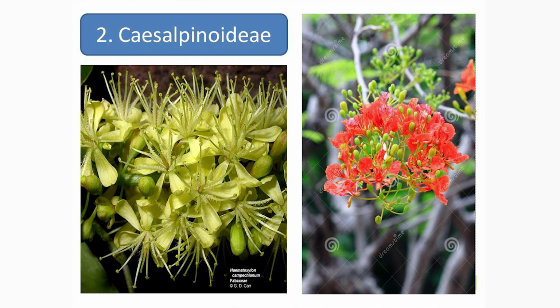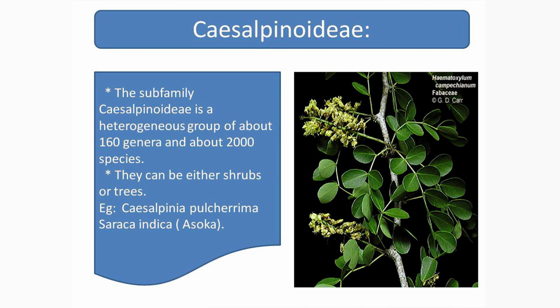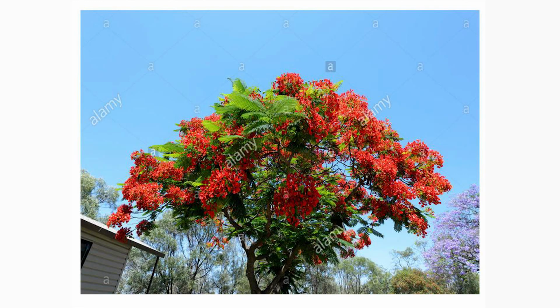Caesalpinoideae is a subfamily which is characterized by the most important timber yielding plants, medicinal plants as well as some ornamental plants. Let me give some examples. Bauhinia acuminata, Bauhinia alba and Bauhinia tomentosa. These are the important plants which are treated as ornamental plants.